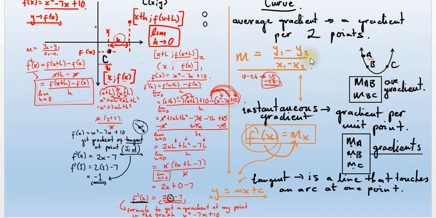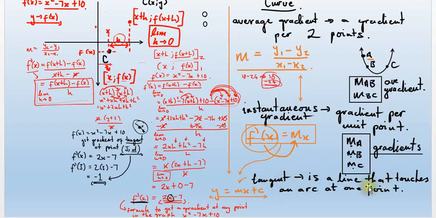And take note that when you have an average gradient of a straight line, it's actually the gradient, it's not really average anymore, because on a straight line anywhere you get a constant gradient. After that you have instantaneous gradients, and we're speaking of the gradient per point now, and that is when you will need the derivative formula.